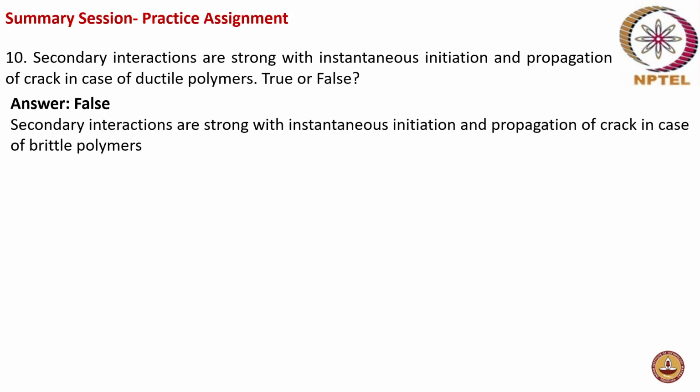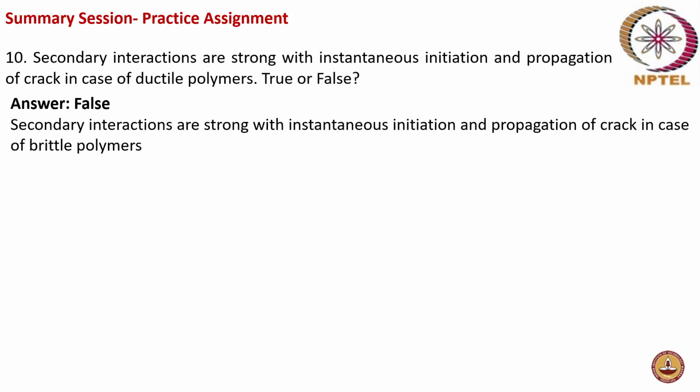Secondary interactions are strong with instantaneous initiation and propagation of crack in case of brittle polymers. Brittle polymers actually have higher secondary interactions, and they tend to start propagating cracks. Obviously, brittle means they crack easily, right?